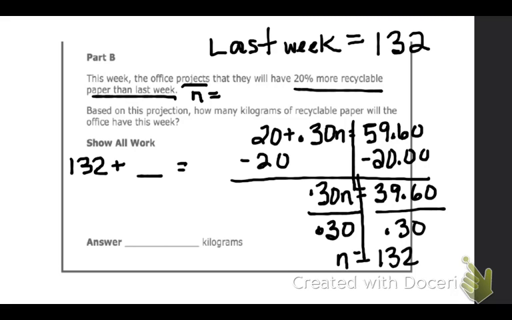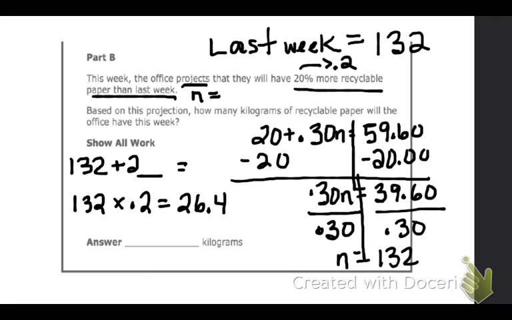So I'm going to use my calculator, and in my calculator I know that 20% is 0.2 or 0.20, however you like to work with that number. What I'm going to do is multiply 132 times 0.2, and that equals 26.4.